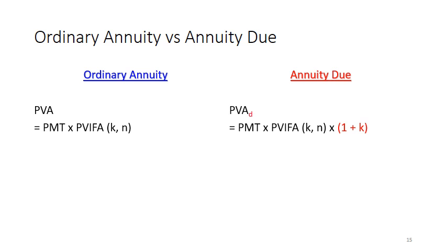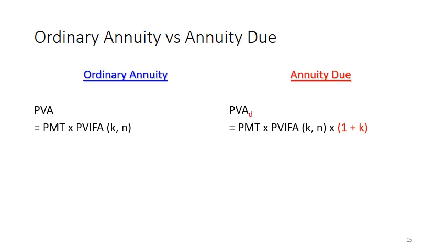Ordinary annuity versus annuity due. This is the formula for ordinary annuity, and this is the formula for annuity due. Please compare the two formulas. What is the difference? There's one slight difference here. It's the bracket 1 plus k in red.